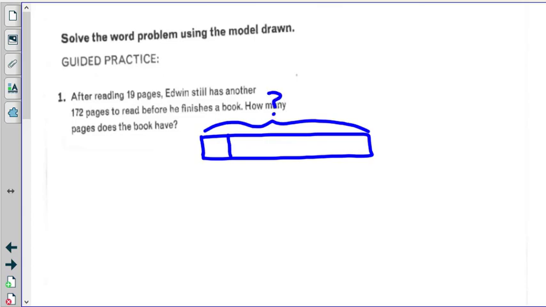So that's my question mark. He's read 19, and after he read that, he has 172 left. So to get the answer very easily, we just add that 172 and the 19, and there must have been 191 pages in the book.